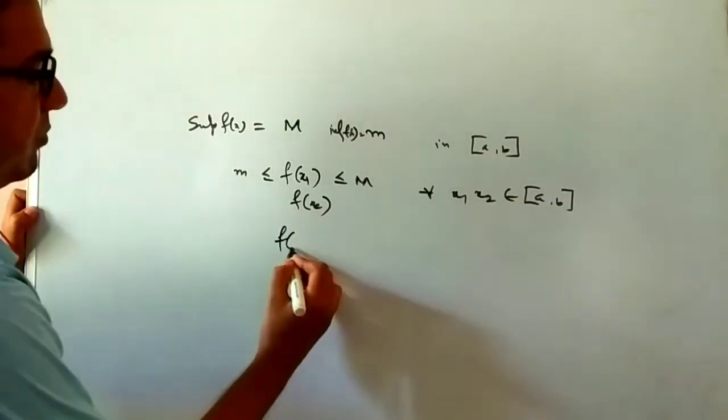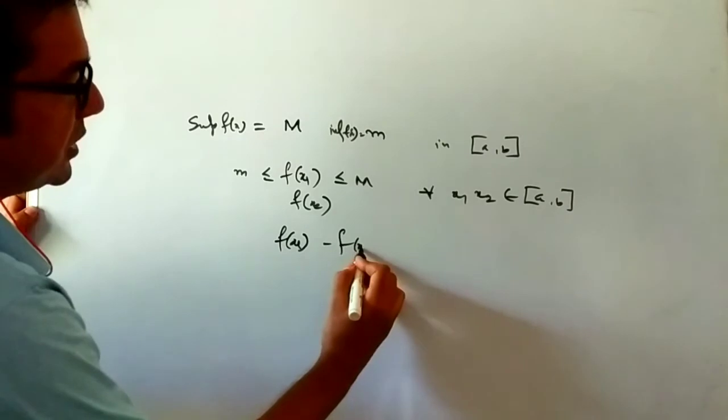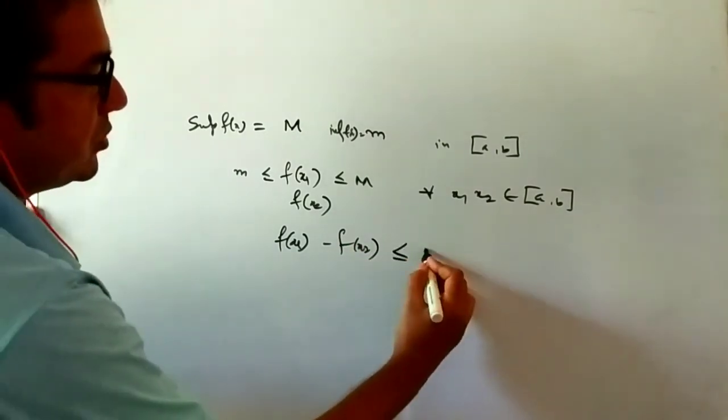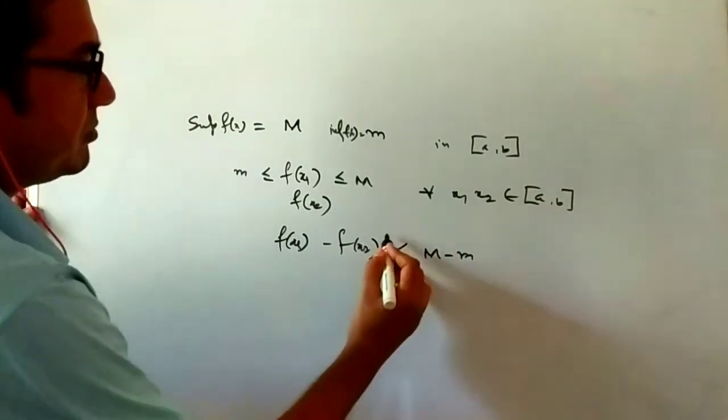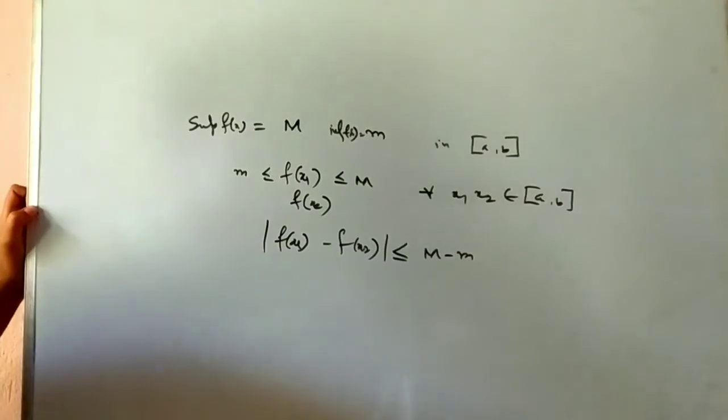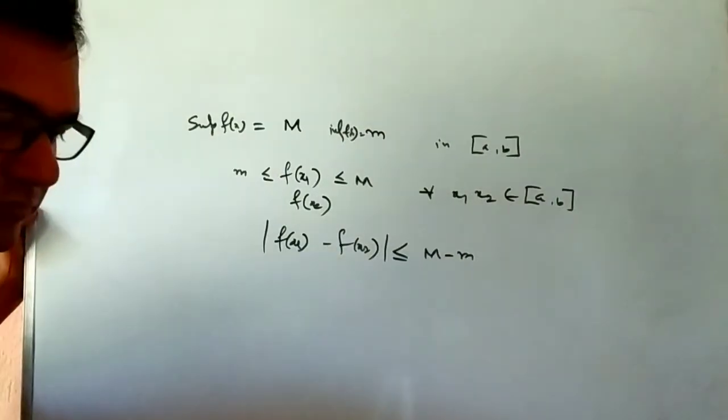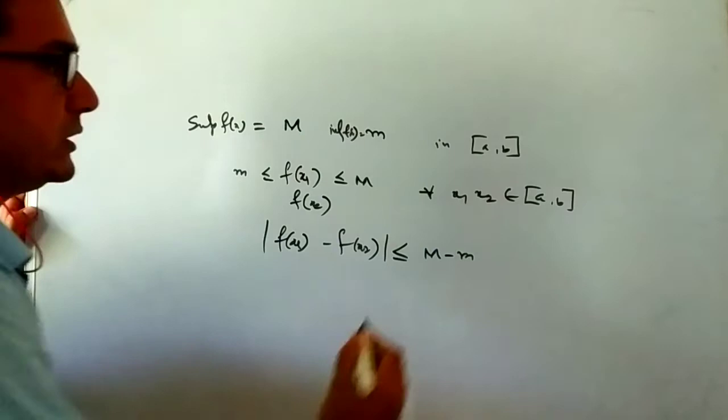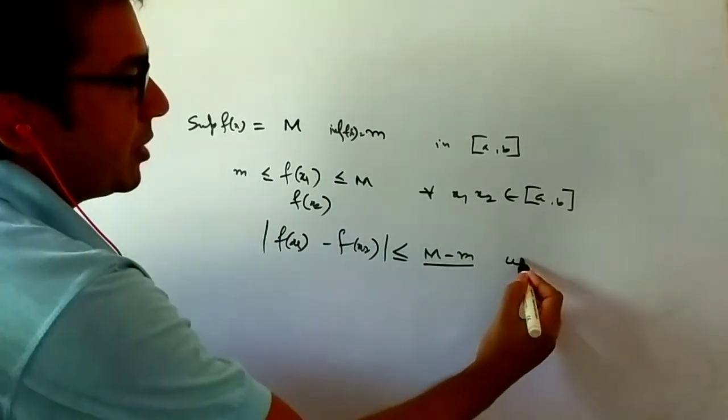That is, f(x1) - f(x2) <= M - m. So M - m is the upper bound.